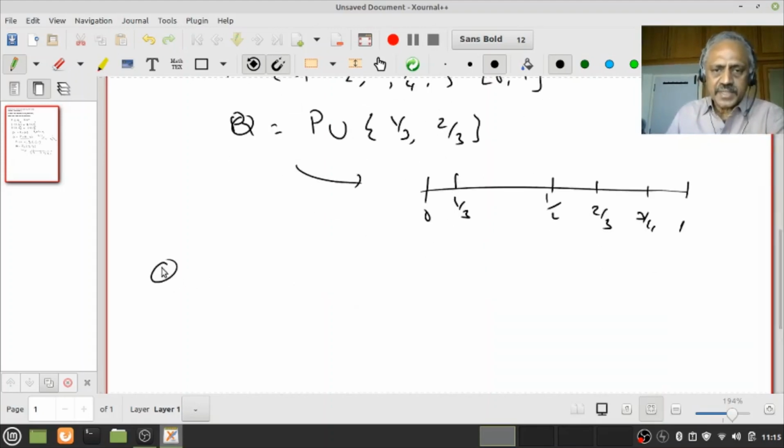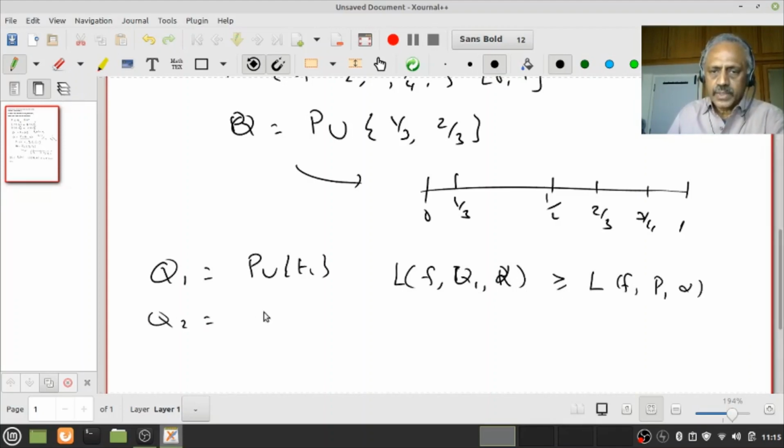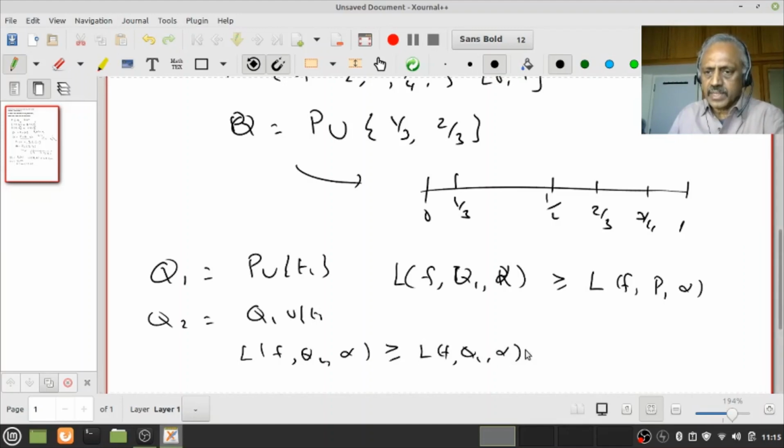Now how do I prove it? By induction. Let Q1 equal P union {t1}. Then I have shown, let us stick to only the lower sums, that L(f, Q1, alpha) is greater than or equal to L(f, P, alpha). And Q2 is Q1 union {t2}. Then L(f, Q2, alpha) is greater than or equal to L(f, Q1, alpha), which in turn is greater than or equal to L(f, P, alpha), and so on.